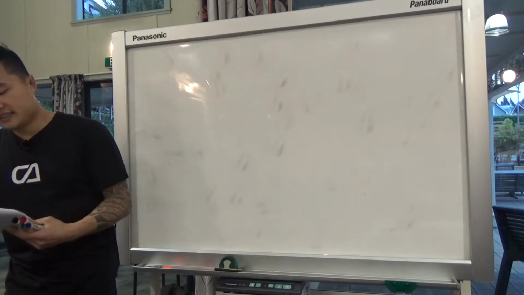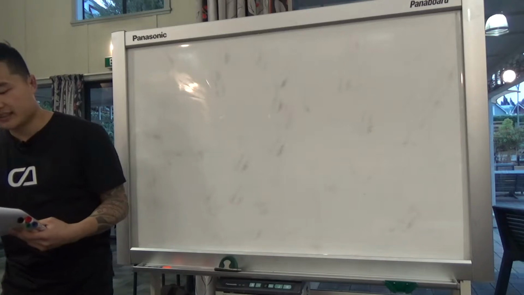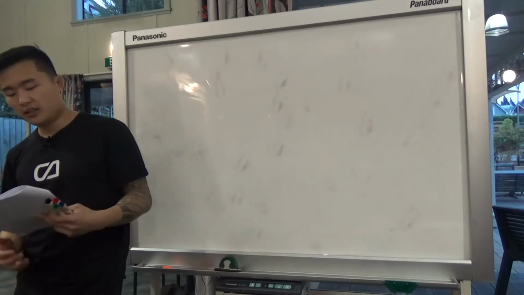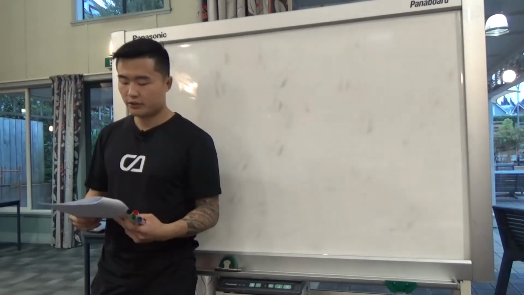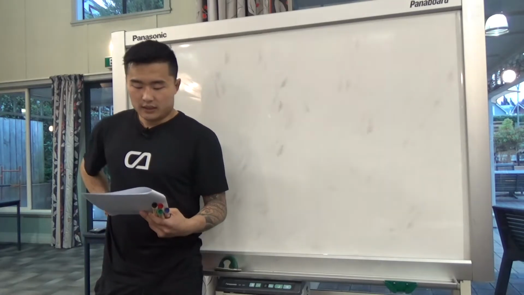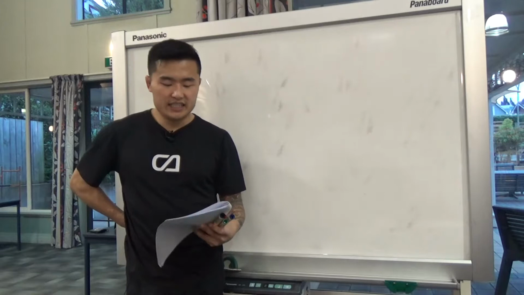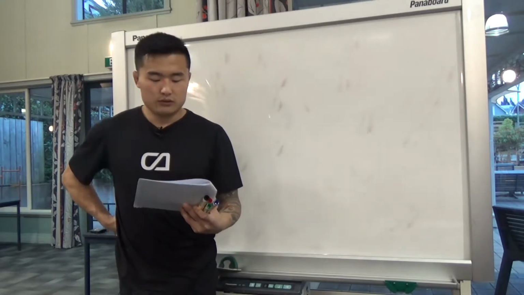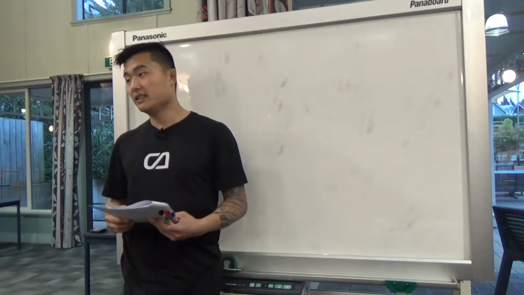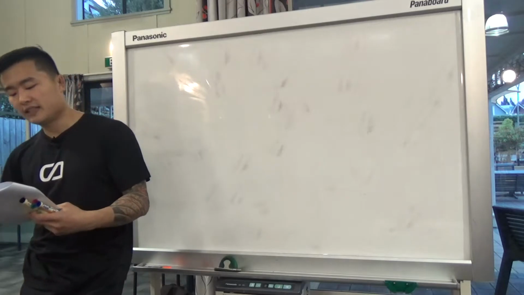So glycogenolysis, the breakdown of glycogen, is stimulated by glucagon. And remember that glucagon is released when blood glucose levels fall, right? So now we'll talk about what happens during starvation. Once the liver has run out of glycogen, so after 24 hours, your liver will completely run out of glycogen.